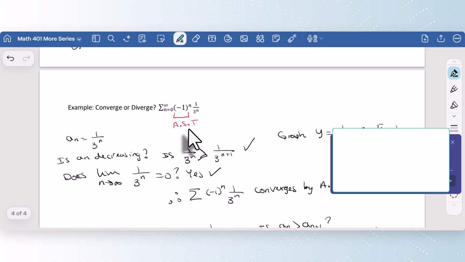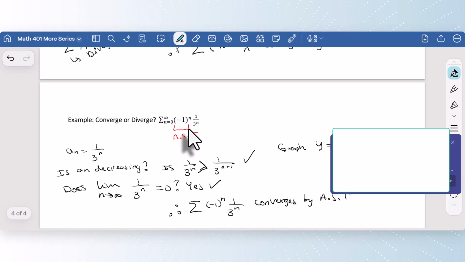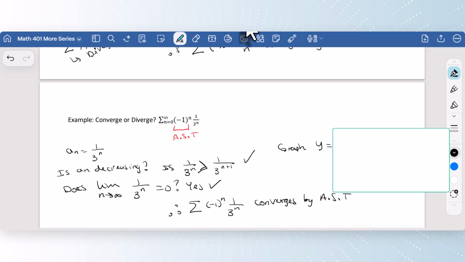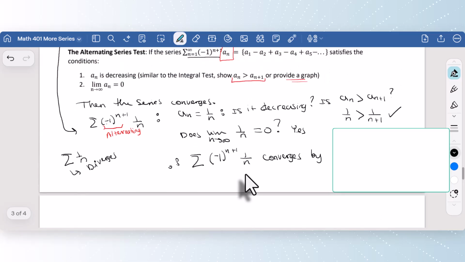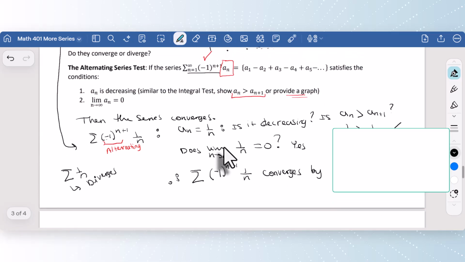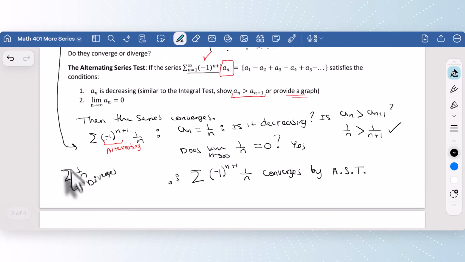So this one will converge absolutely. And if you look at this one, we already know that the absolute value diverges, but the alternating series converges, so this converges conditionally.